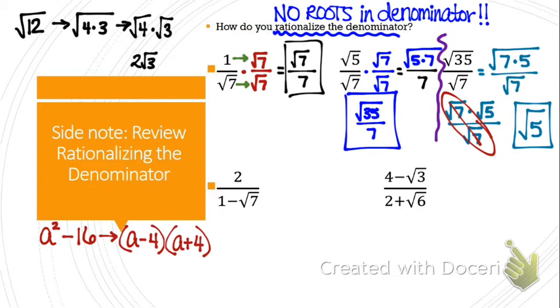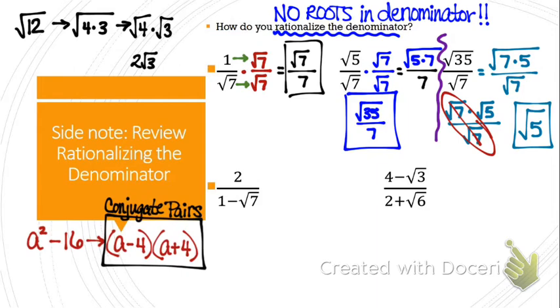These guys right here have a special name. I heard you guys say the name for this already, difference of perfect squares. When we have it in its factored form, we call these conjugate pairs. Will I ever test you over it? No. Will I ever use that phrase again? Yes.